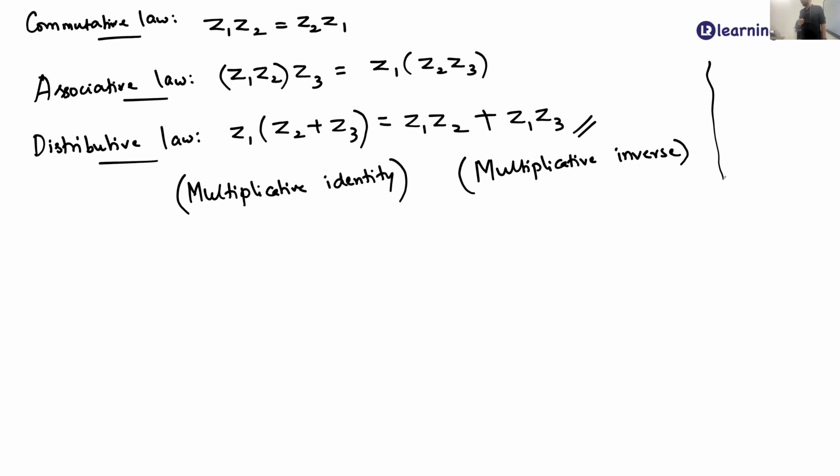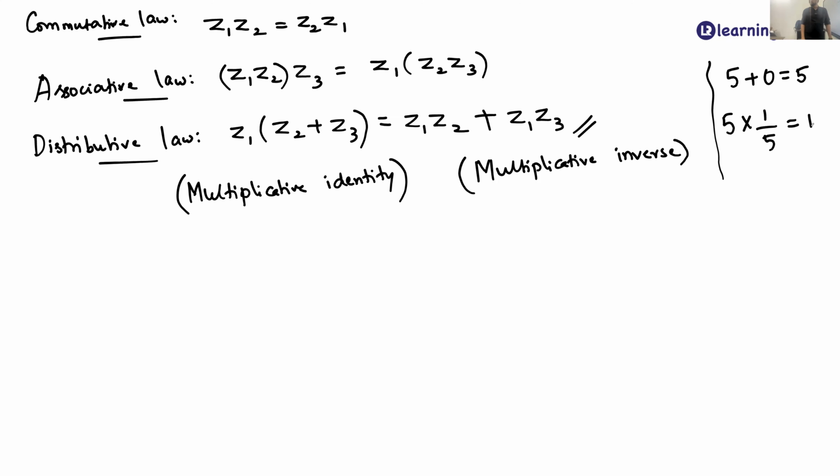Let's say I have a number 5 in my hand. If I ask you, what is the additive identity of this? It is 0. Why is it called additive identity? Because if you add 0 to 5, you get back the same number you gave as input. Now, what is the multiplicative inverse of this? The multiplicative inverse of 5 is its reciprocal, 1 by 5.